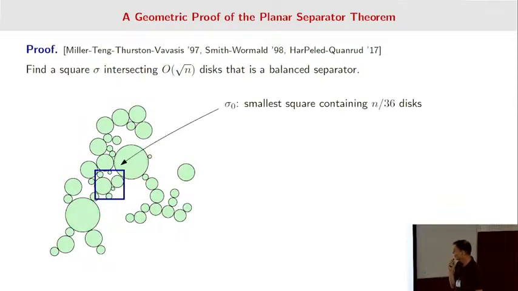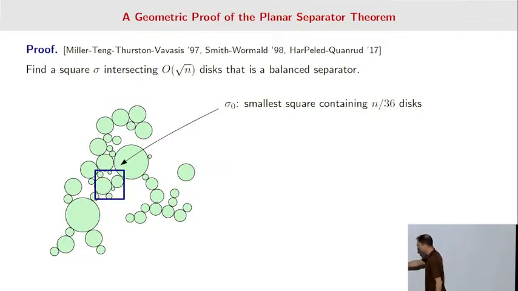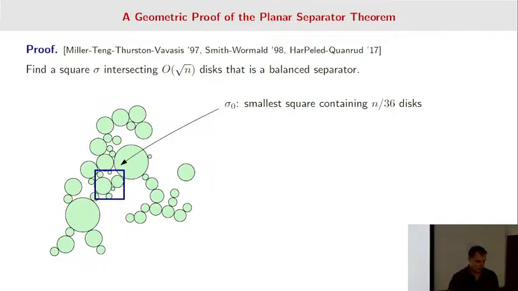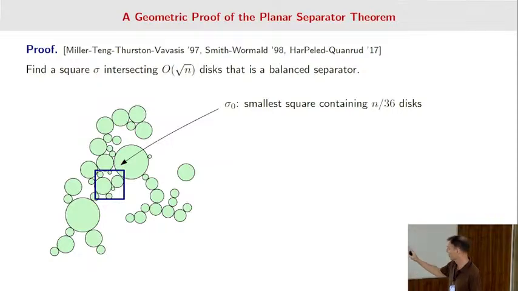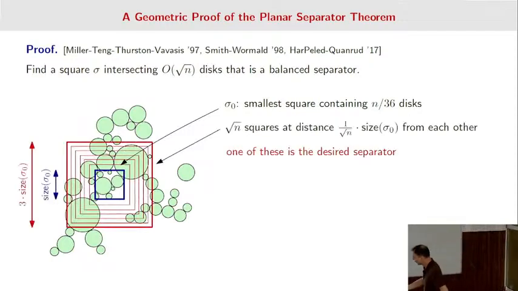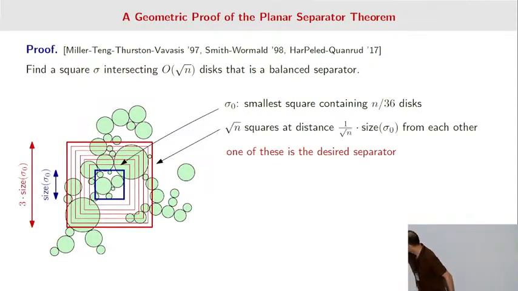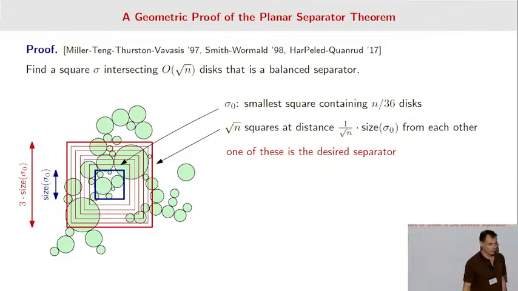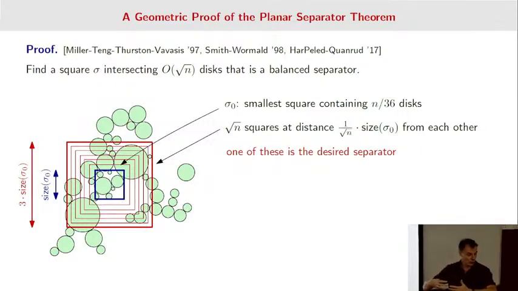So what you do is you take the smallest disk, like this one, that contains, okay, this 36 is not really very important, but some fraction of the disks that's small enough, let's say n divided by 36. And now you're going to look at this blue disk scaled by a factor 3, and I'm going to find my separator somewhere in between.